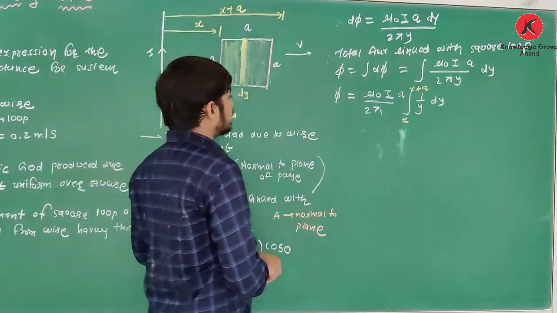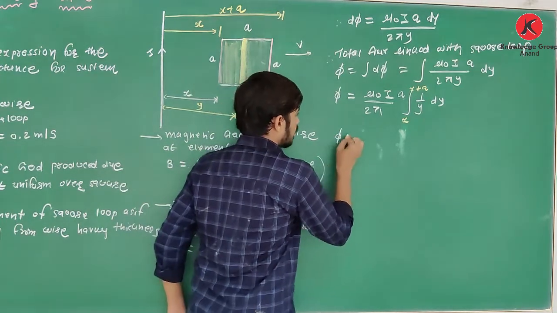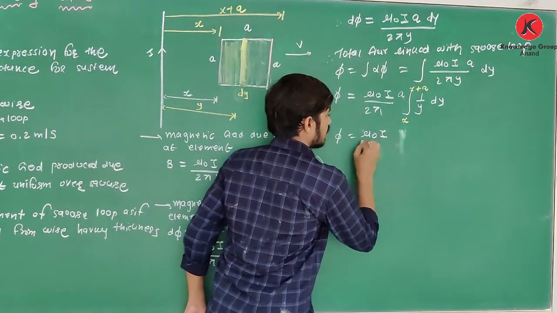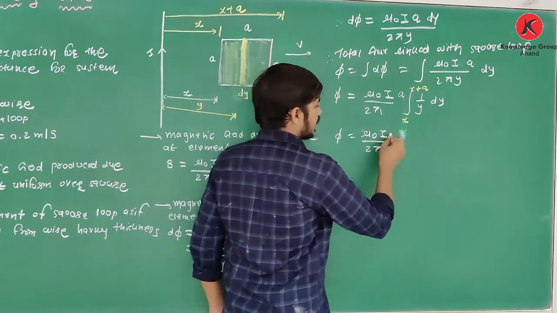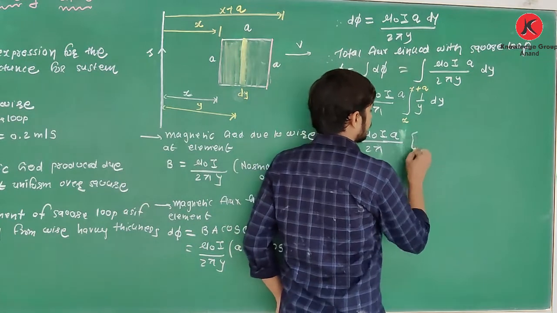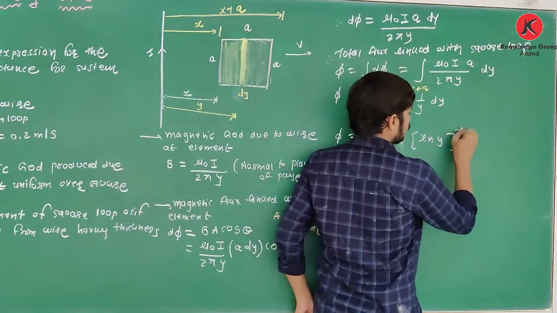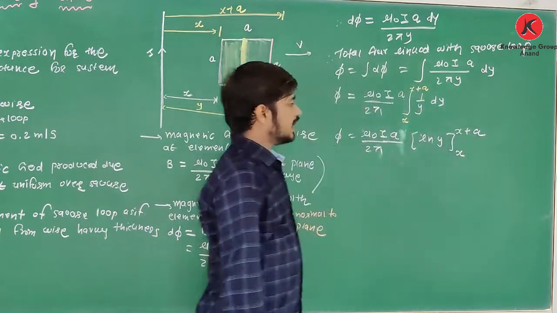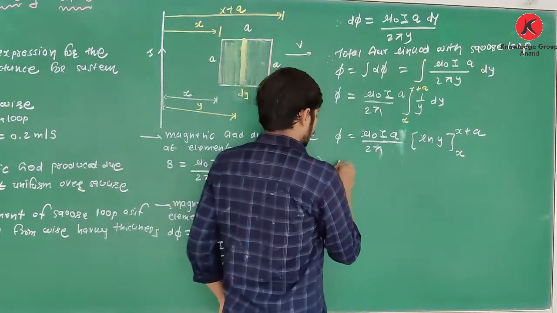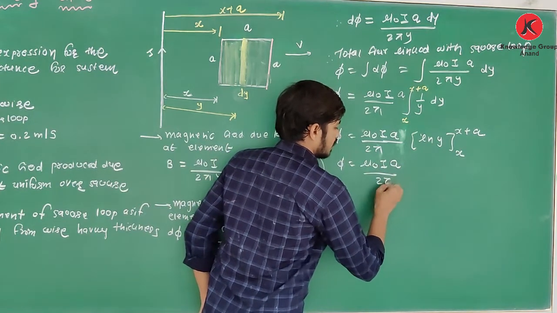Now you have to integrate this. So phi is equal to mu 0 I upon 2 pi, times a. What is the integration of 1 upon y dy? It is ln y, with limit from x to x plus a. So phi is equal to mu 0 I A upon 2 pi.